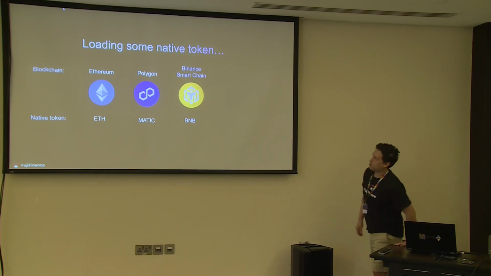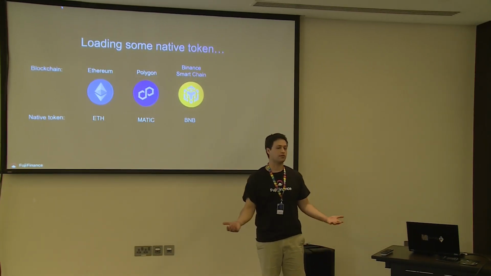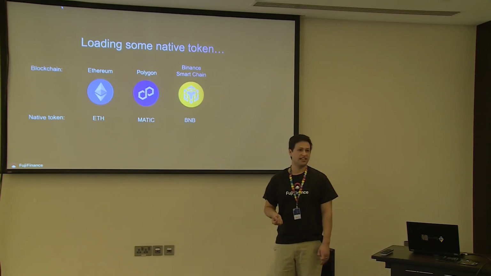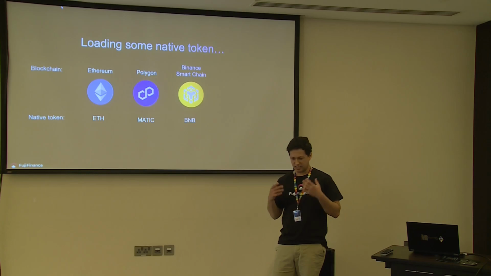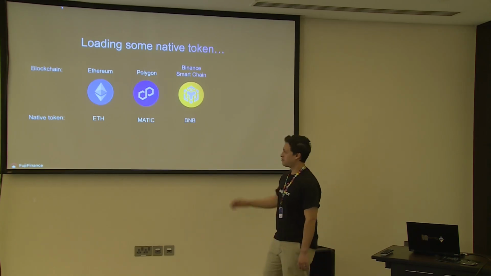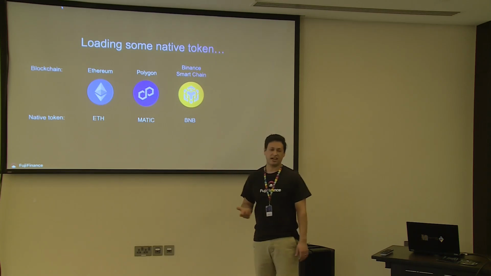One important aspect of wallets, or of interacting with Web3, is that you need this native token. I think for some people joining Web3, this is a little bit of a "why do I need this?" And different blockchains obviously use different types of native asset.